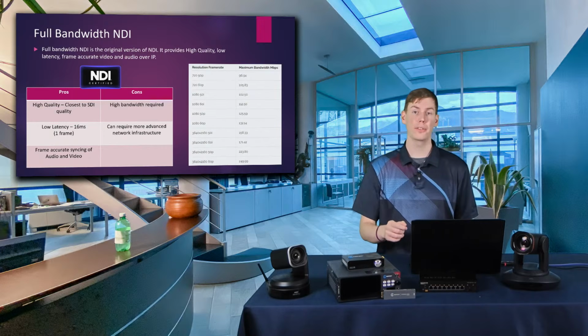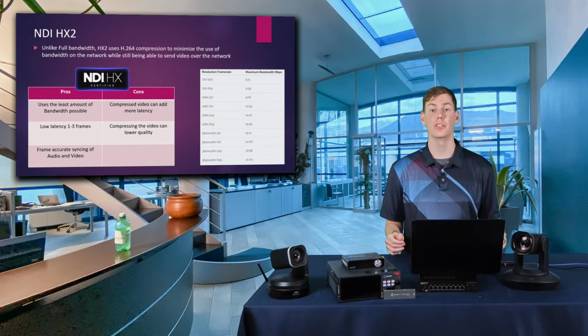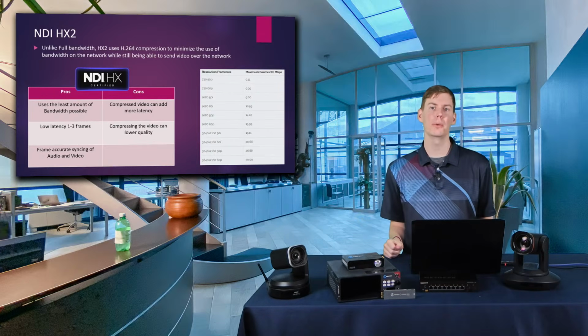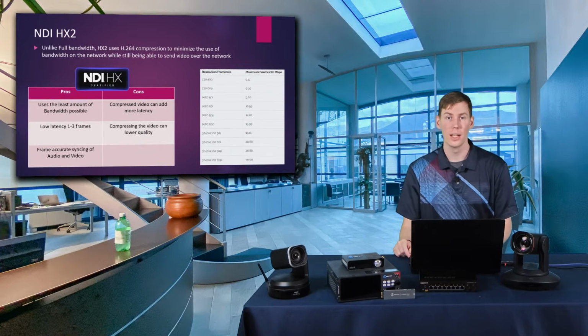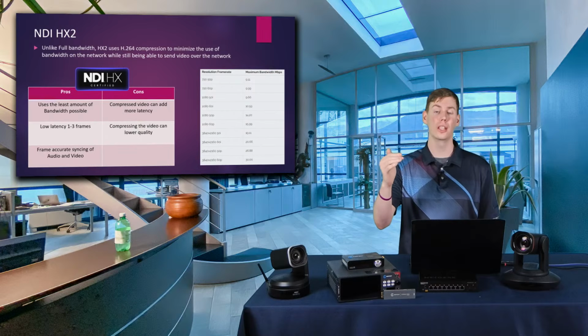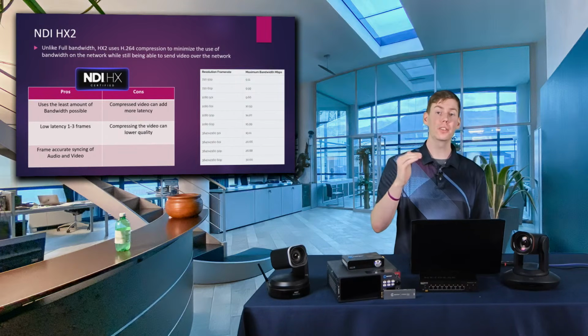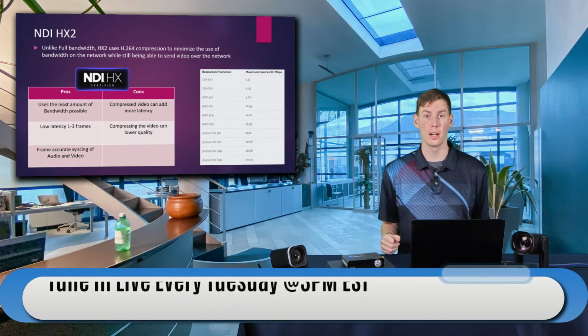So shortly after full bandwidth came out, NDI came out with NDI HX. HX is basically not supported anymore, so we're actually going to skip over that, and we're going to talk about NDI HX2. HX2 is using a compressed file, an H.264, so because it's a compressed file, you're going to use much less bandwidth on your network.